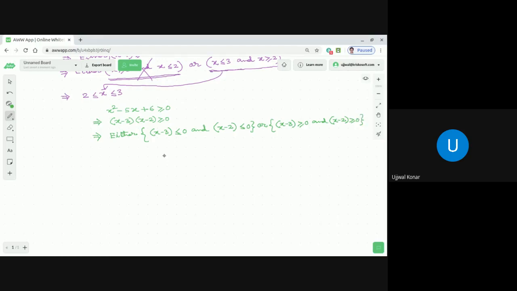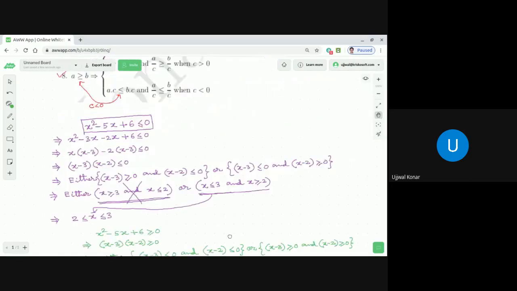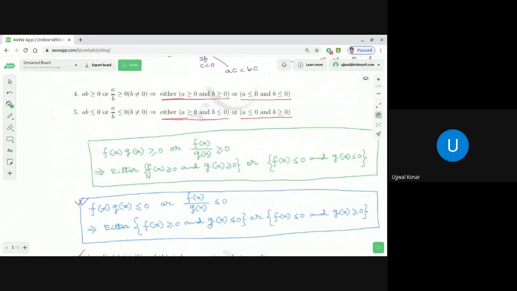Correct? Exactly what you said, Mohor, and all of you agree to it. If f(x) into g(x) is greater than equal to 0, we write that either f(x) is greater than equal to 0 and g(x) is greater than equal to 0, or f(x) is less than equal to 0 and g(x) is less than equal to 0. Correct, no, dear students? Yes. Exactly.